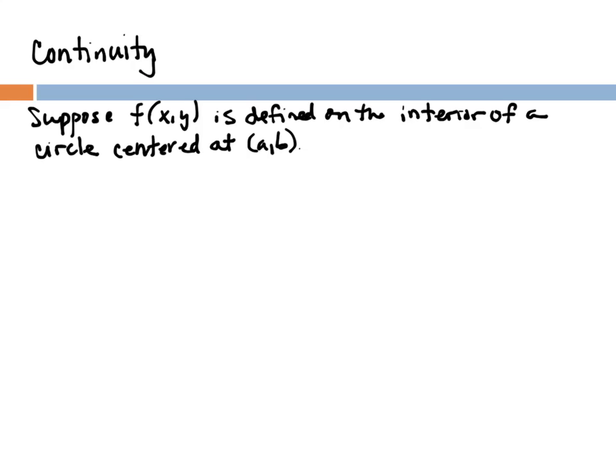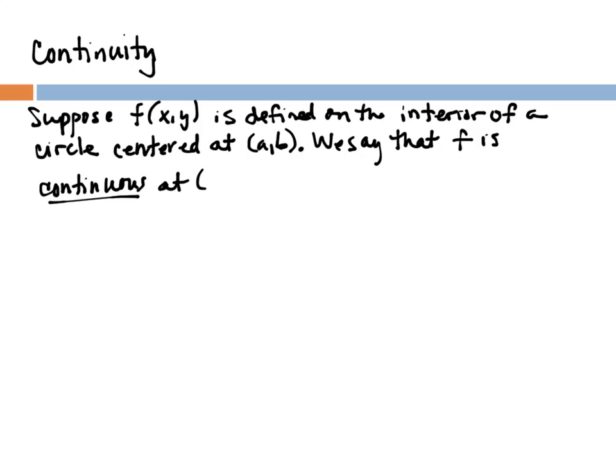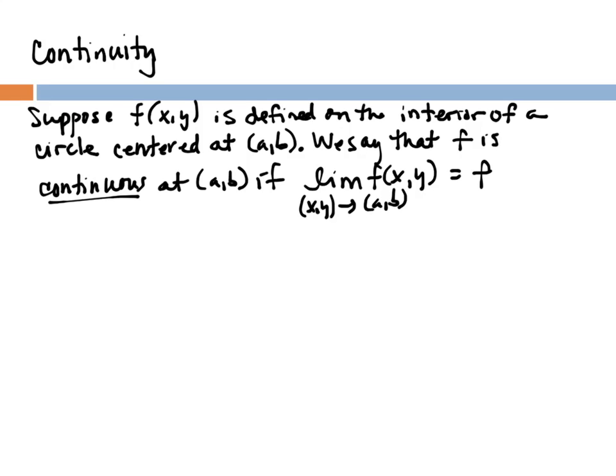That would be unhelpful for talking about continuity. Okay, so it's centered at AB. So we say that f is continuous at the point AB if the limit of f of xy as xy approaches AB equals f of AB.